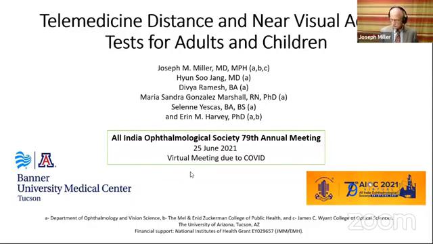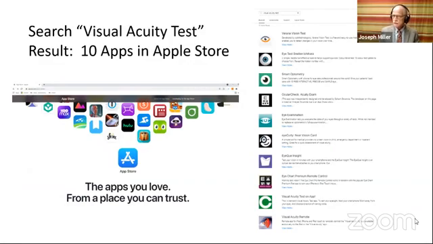So with that, let's see what kind of tools are available for us to measure visual acuity by telemedicine. First, I did a search in the Apple Store and found that there were 10 apps listed under the search for visual acuity test. And honestly, I didn't recognize any of them.